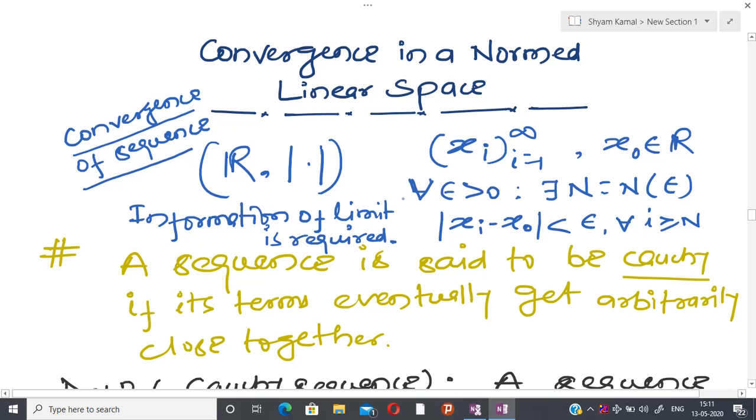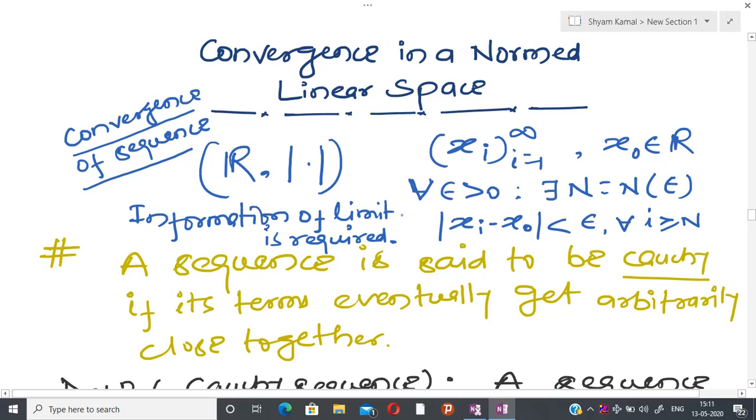Now, suppose that I do not have the limit, because in many cases we generate a sequence x_i without knowing to what, if anything, it might converge.